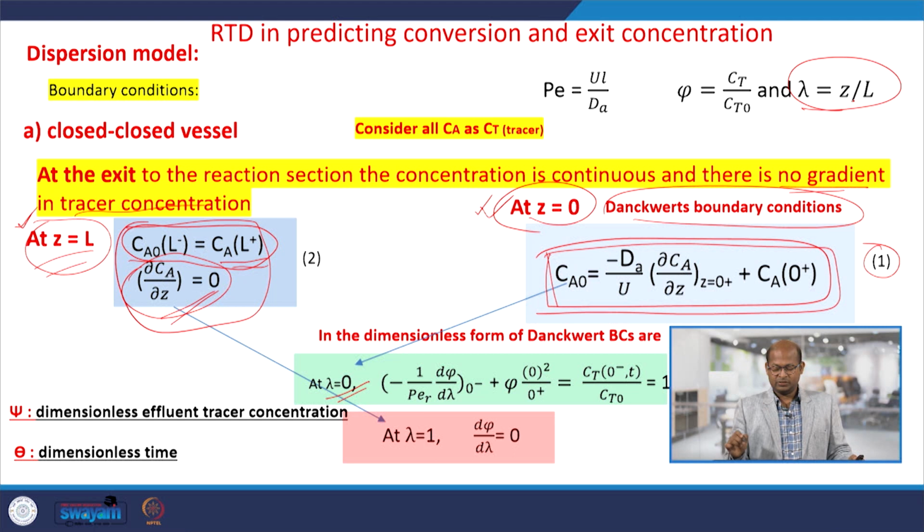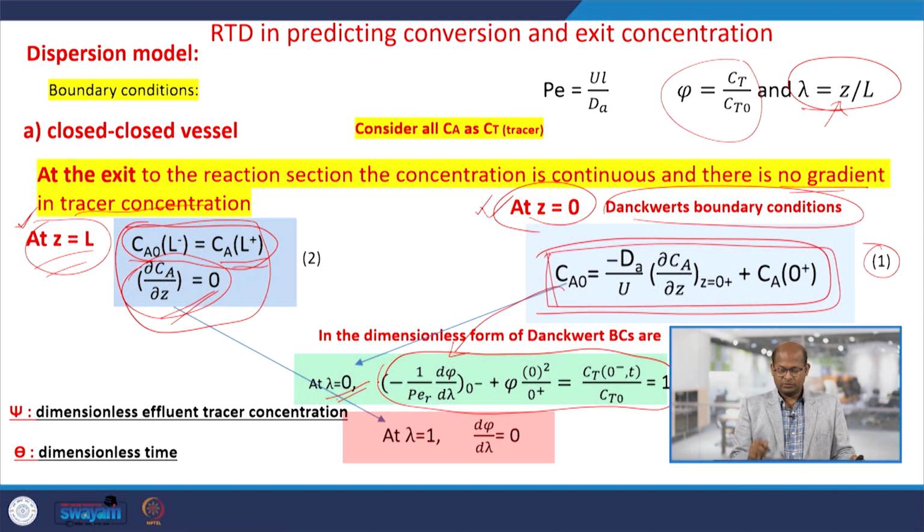At z equals 0, lambda would be 0. If z equals 0, then lambda equals 0, and psi equals Ct by Ct0, or Ca by Ca0 we can say. So these equations would be converted into this.